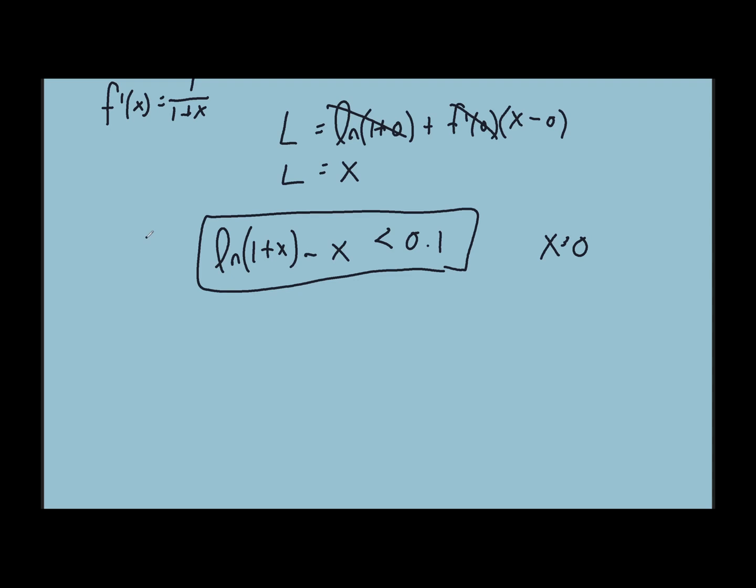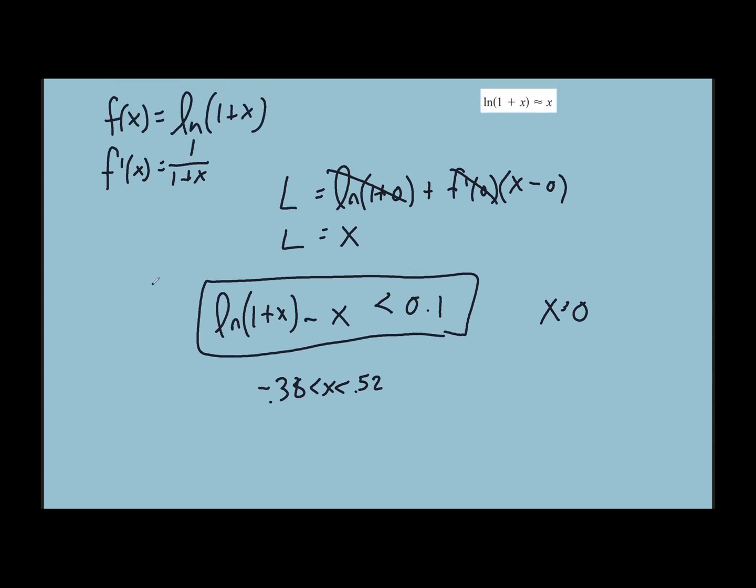But what I did find as I was plugging things in is that I got negative 0.38 and I got like 0.52. And I think the point is to say, look, these aren't going to be the same distance apart, even though x was 0 in the middle. You're going to actually have to plug in values. There's no algebraic answer. I find that fascinating.